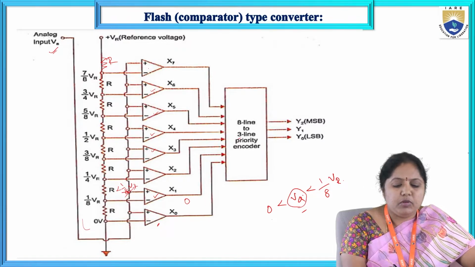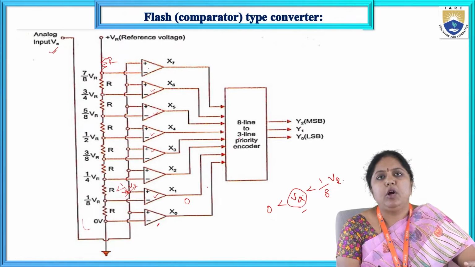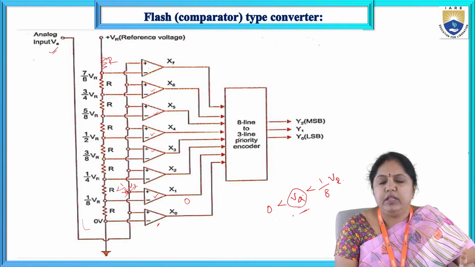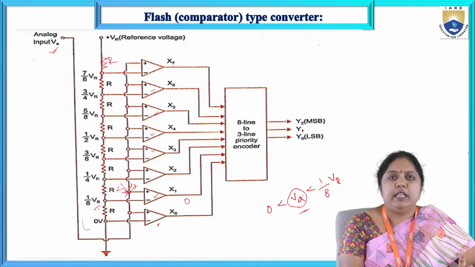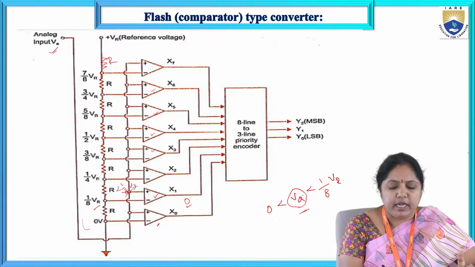Because the positive terminal voltage should be greater than VR by 8, then only can I get the output of the comparator as logic 1. But I have given the input signal in between 0 to VR by 8, so definitely the positive potential value is less than the negative potential value. At that time, I will get the output voltage as logic 0. Right?